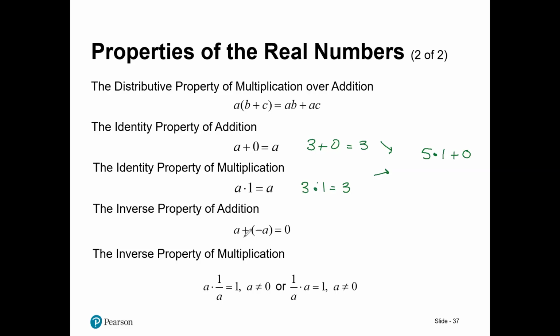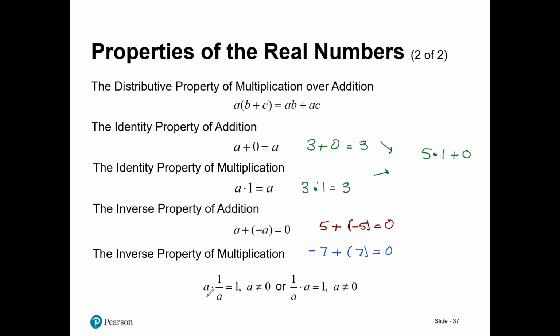So the inverse property of addition: A plus negative A is 0. So if I have 5 plus negative 5, that would equal 0. That also means if I have negative 7 and I want to get 0, then I add its inverse to it. So what's negative 7's inverse? Well, it's just positive 7. So it works both ways.